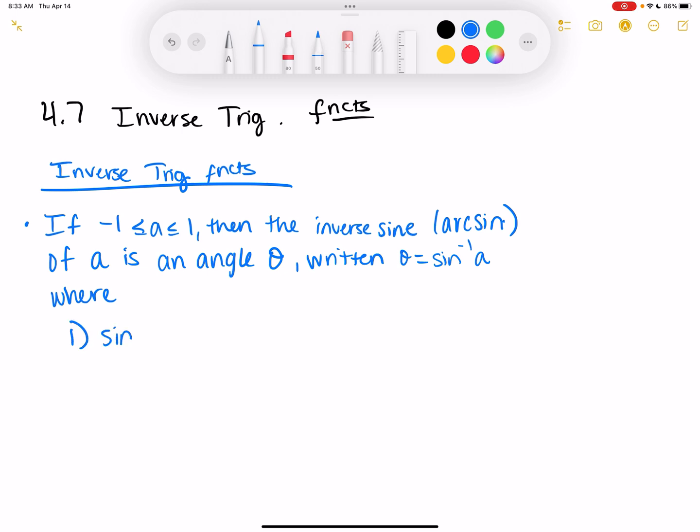Sine of theta is equal to a, and -pi/2 is less than or equal to theta, less than or equal to pi/2, or -90 degrees is less than or equal to theta, less than or equal to 90 degrees. But we're pretty much always going to want everything in radians unless they specifically tell you otherwise.